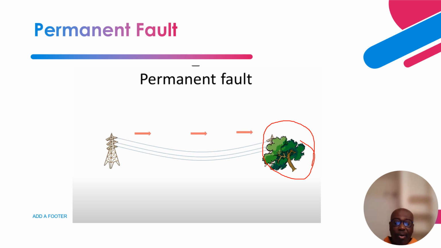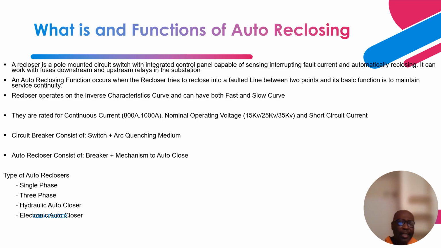So that can cause these trees to fall on the conductor and stay there, until crews patrol the line to find this tree and start cutting off various branches until the tree is removed from the conductors.